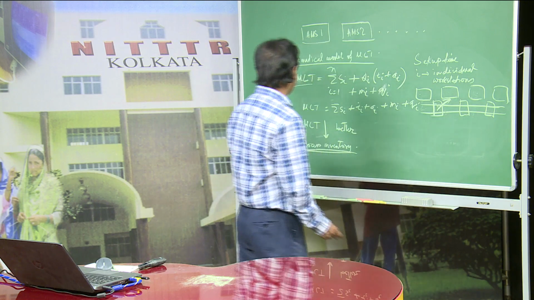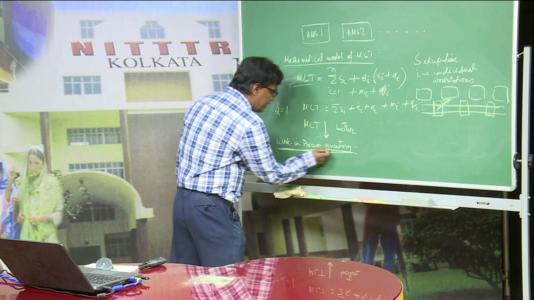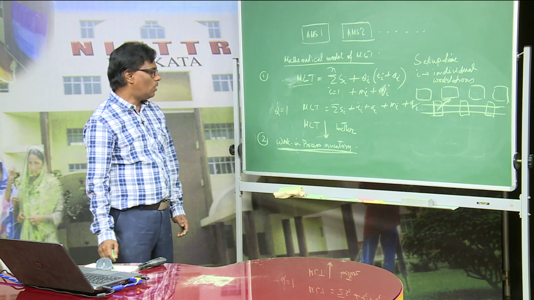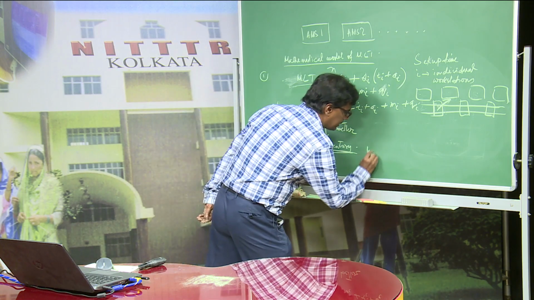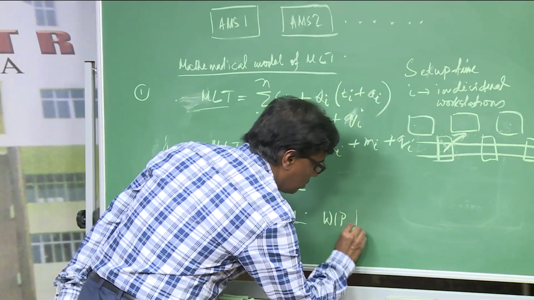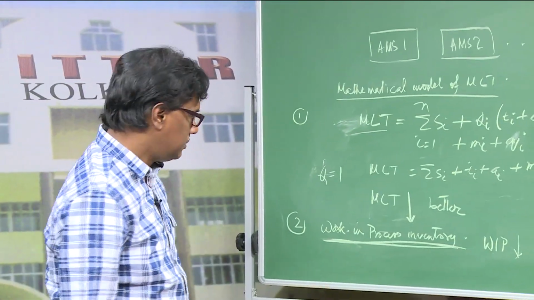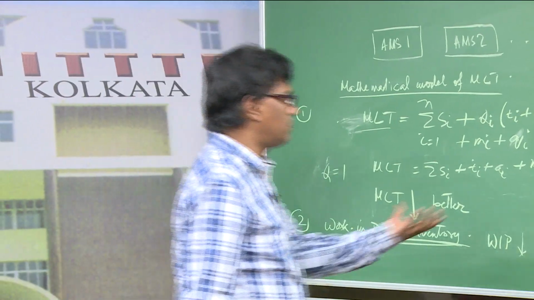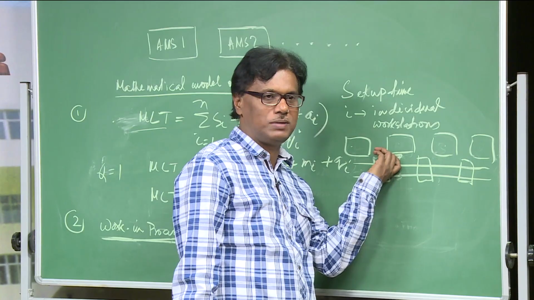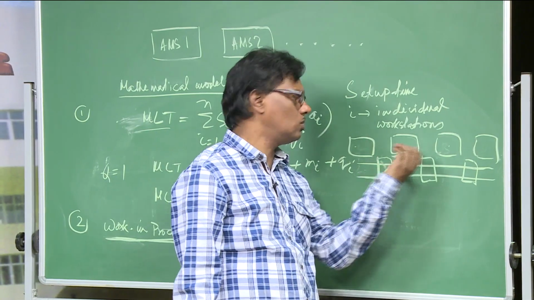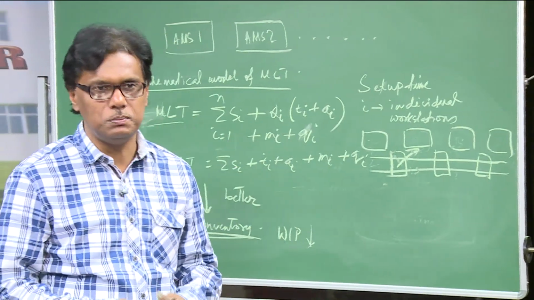A good automated manufacturing system should have work in process inventory as low as possible, because everything is cost. You are keeping the product in between, the cost of raw materials becomes idle, so your cost of manufacturing eventually becomes higher.